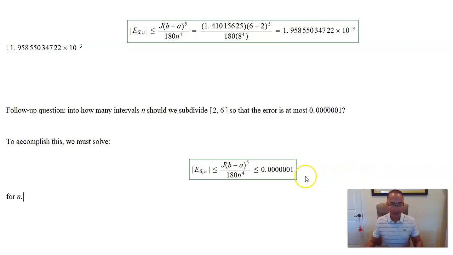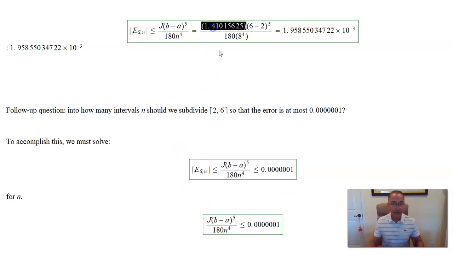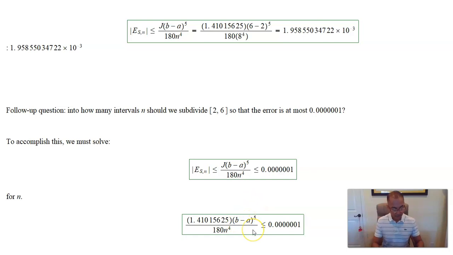All right, so we have our j. So let's copy this. And our j is this much. So turn j into that. b minus a, 6 minus 2 to the 5. And 180, we don't know n. And that's a constant on the other side.